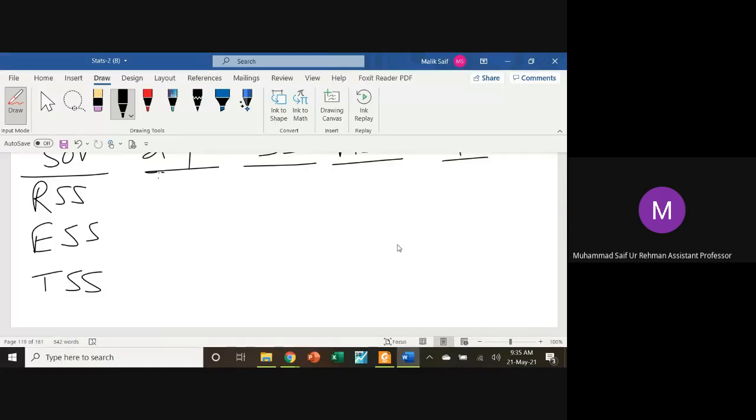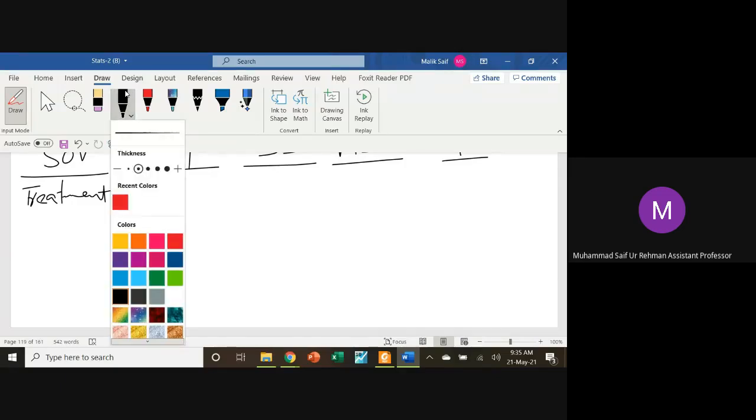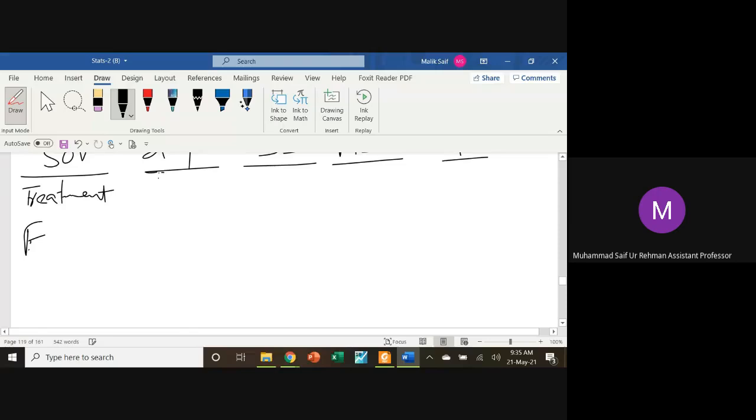So here, in case of source of variation, you can write down in the first row treatments. Then in the next row, you can write down error, and finally you can write down total.